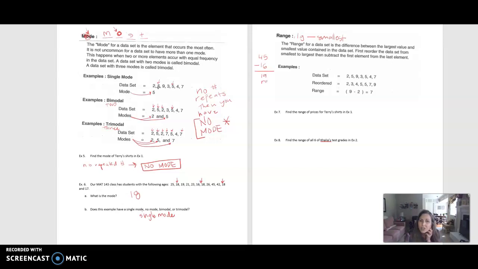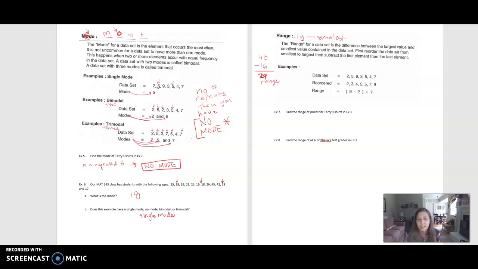I'm sorry, 29. 29, not 19. So there's a 29-year age gap between the oldest person and the youngest person. Okay, you always start with the largest and subtract the smallest.